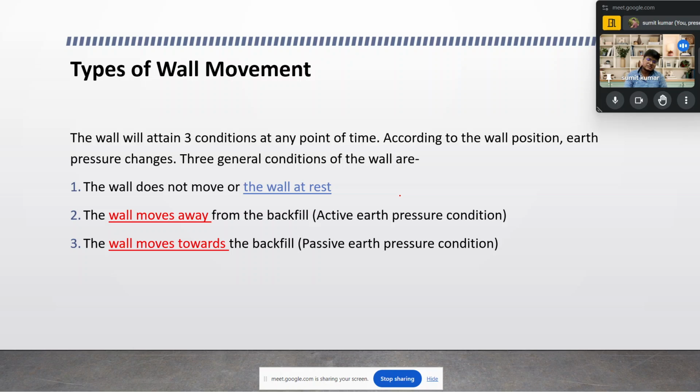The second condition is that the wall moves away from the backfill, as you have seen from that image, where there is a wall and there is a hill at the back side.